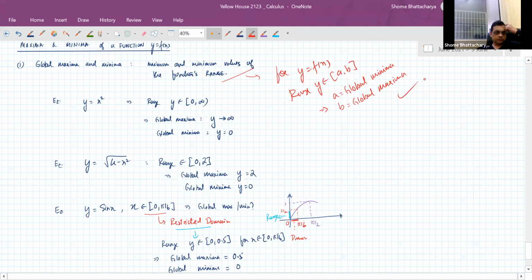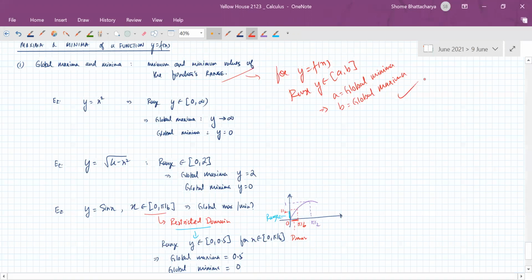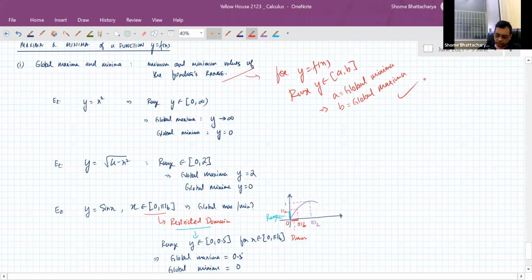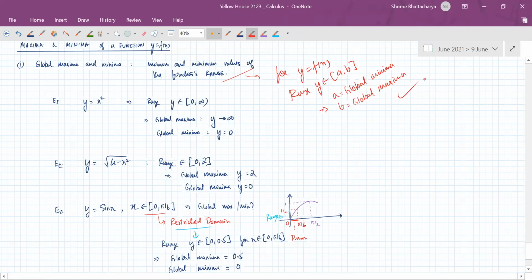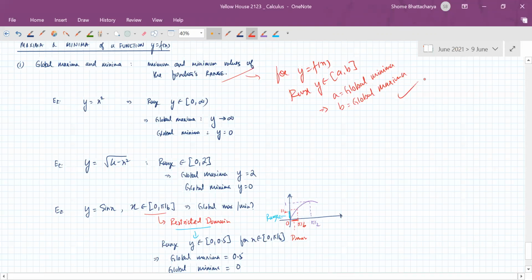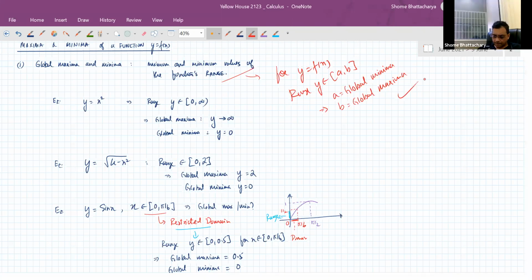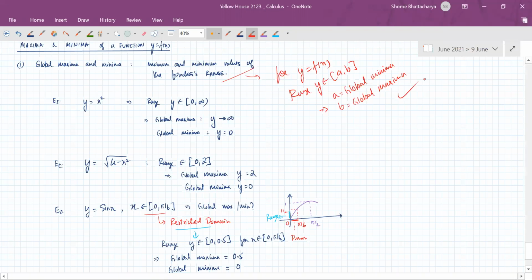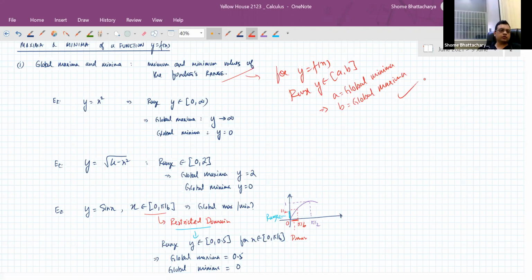Sir, in the second example, x will tend to be 0. It will not be exactly equal to 0, sir. Root 0 will not be possible. Why in the second example y equal to 0 will not happen? Because x's value can be taken as 2, no? 2 or plus minus 2. Sir, I'm talking about minima. If we take y equal to square root of 4 minus x square, then what is the natural domain of the function?